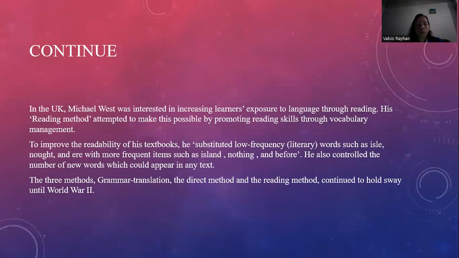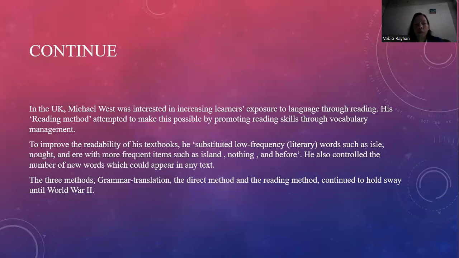Continued. In the UK, Michael West was interested in increasing learners' exposure to language through reading. His reading method attempted to make this possible by promoting reading skills through vocabulary management to improve the readability of his textbooks.